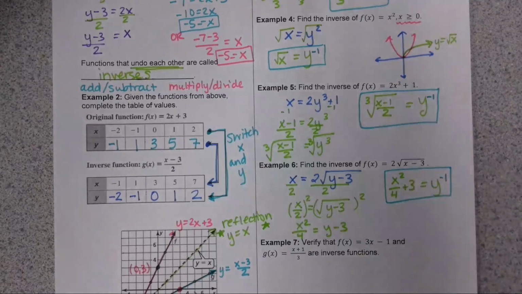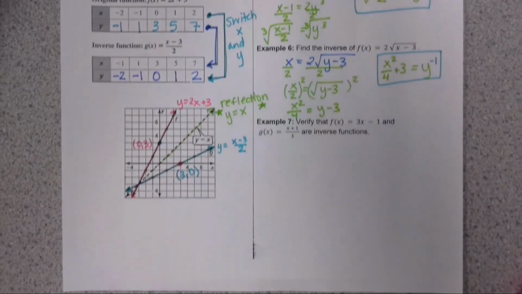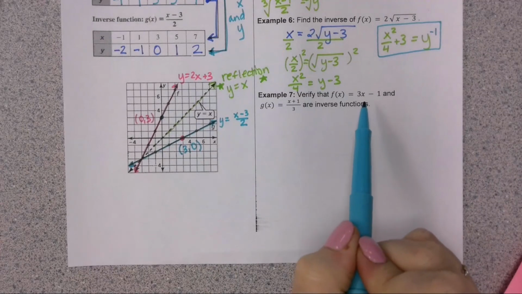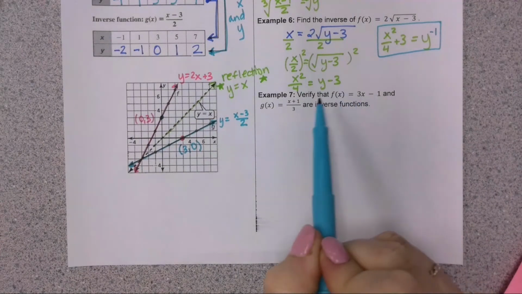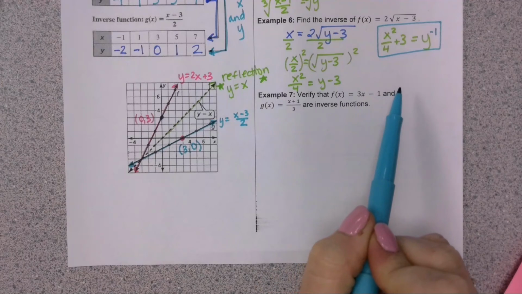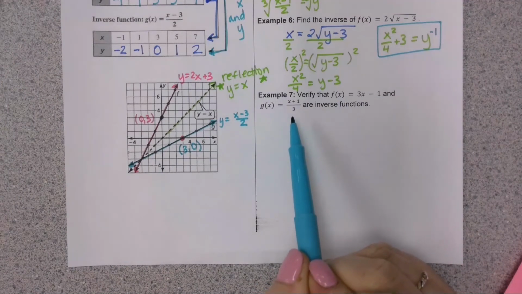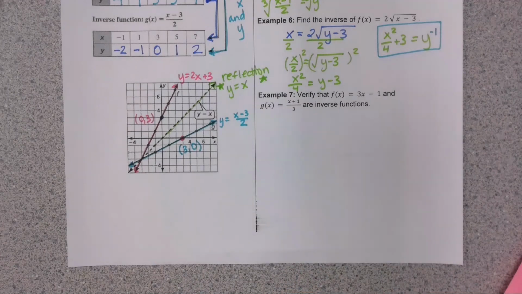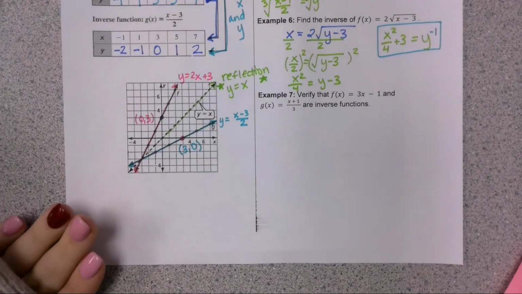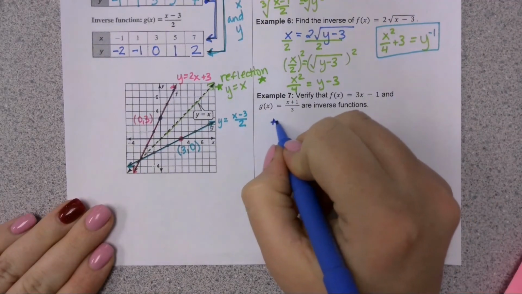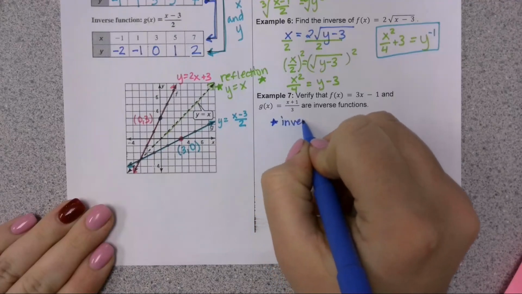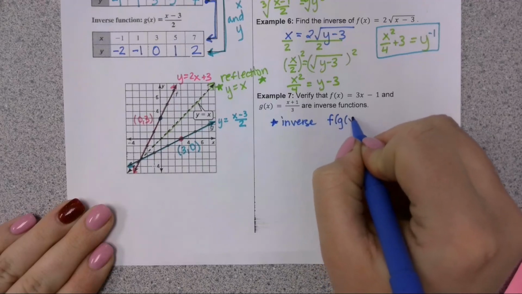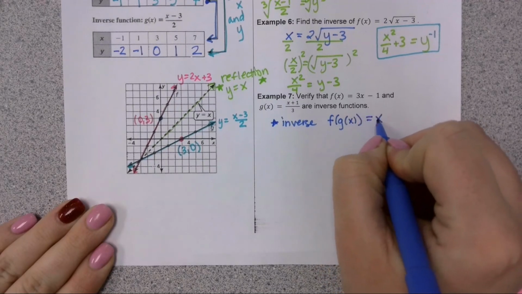Now, what if you had two functions and someone asked you, are they inverses? You could probably pretty easily look at it and say, this one subtracts, this one adds. This one multiplies by 3, this one divides by 3. And you can quickly check, yes, indeed, they are inverses. But what we need to know, what connects the rest of our unit, is that inverses, when we compose them, we get x.